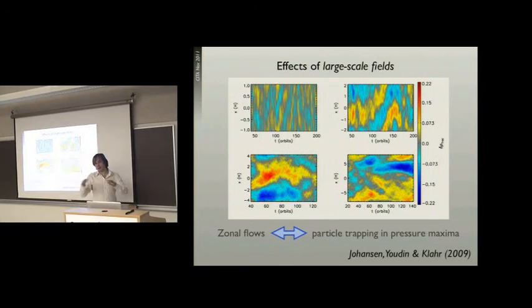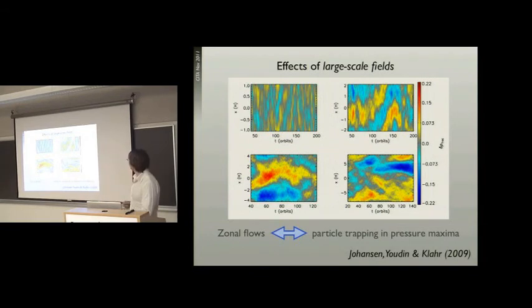The scale of the mode just becomes twice as big, so it seems to be a box-filling kind of thing. There's a little bit of evidence when you go to the very largest box, there's actually significant power, not just on the box scale, but also on twice that. So maybe one is using a physical scale out of it, rather than just seeing something that grows to fill the box. So these are zonal flows, and as I say, they could be important for particle trapping in these pressure maxima.